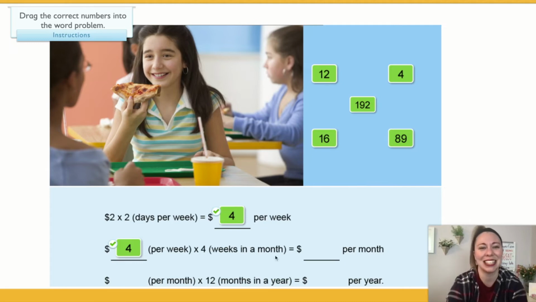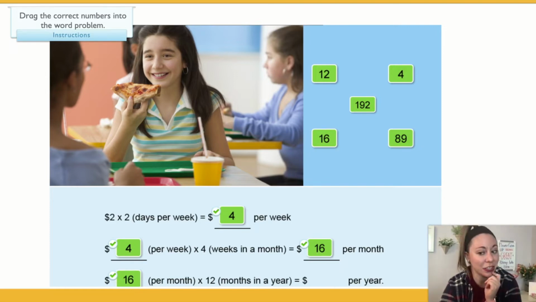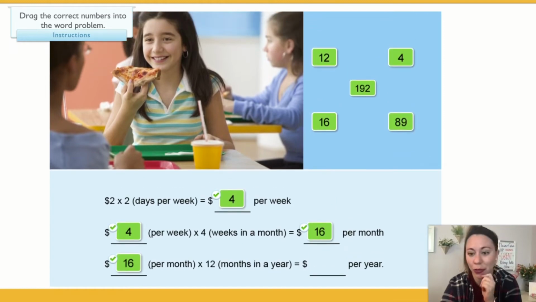You got it, 16. All right, so now, how many dollars per month? Yep, 16. And times 12. What do you think the answer is? I told you guys to work on this. So you either had to choose 192 or 89. Which one was it?